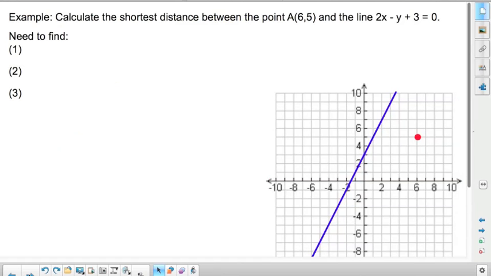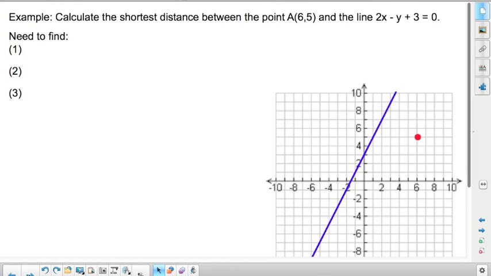So let's make an example of this. And this was actually question 2 in that package that I said you guys couldn't do yet. This is that same question. Okay. So calculate the shortest distance between point A, which is (6, 5), and the line 2x minus y plus 3 is equal to 0.